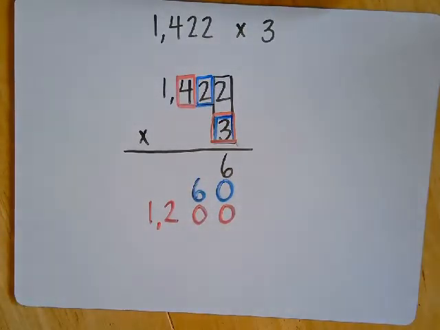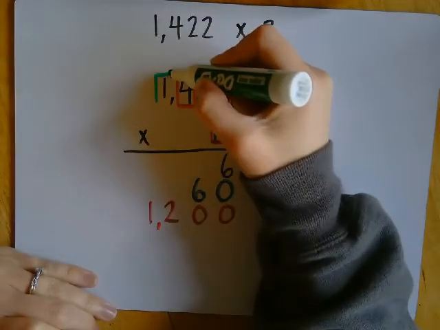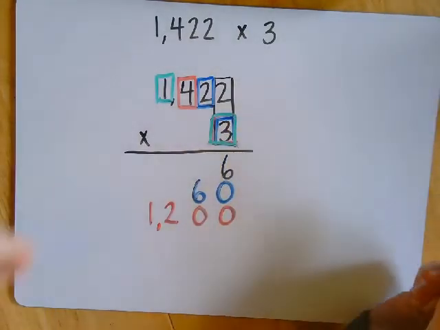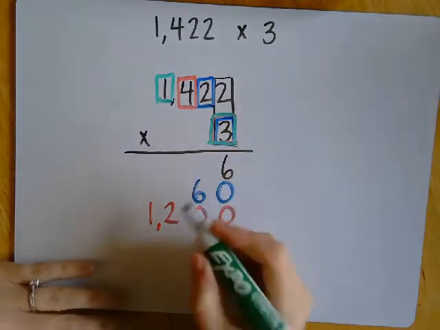And then last but not least, I need to go to the thousands place. So I need to multiply 1 times 3. But because it's in the thousands place, my answer is actually 3,000.